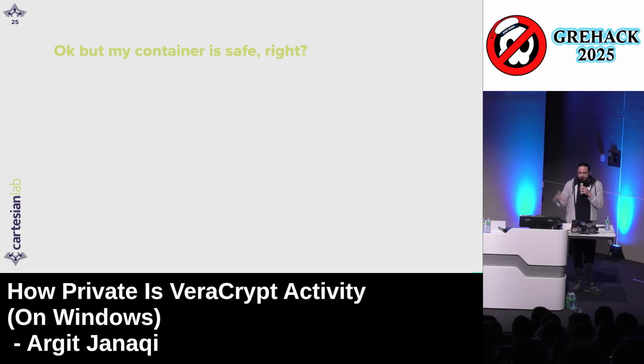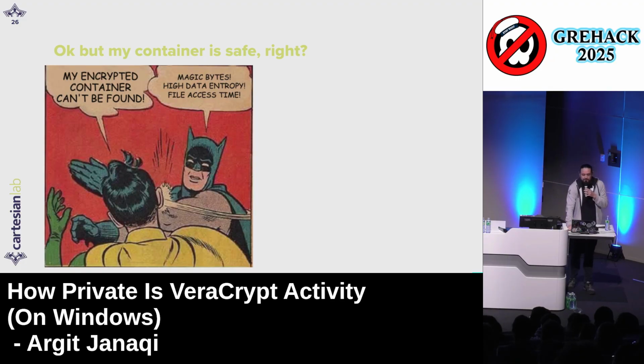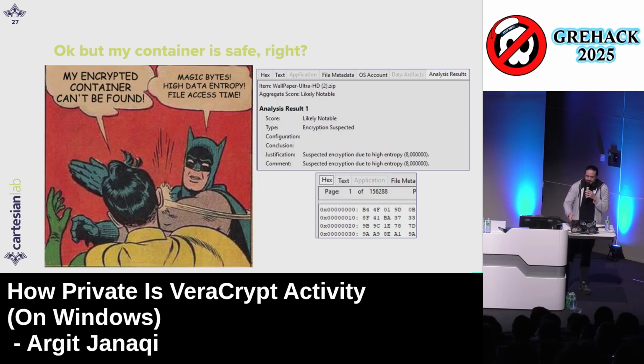But my container, it's still encrypted, so it's safe, right? Even though there's traces, what can I do? Well, not so much, because if you look at it with any decent digital forensics tool, you see that the encrypted files have a very high entropy, so it's not legit.